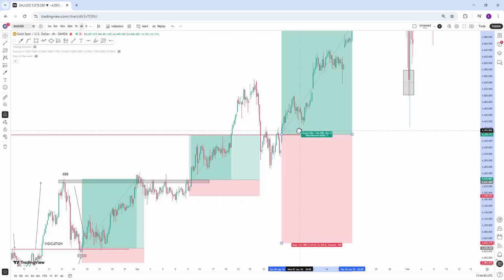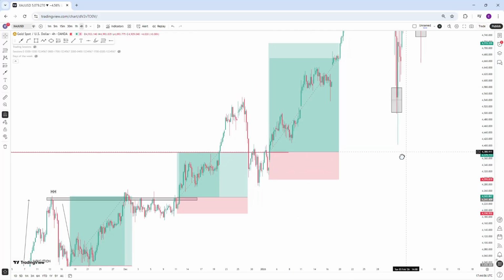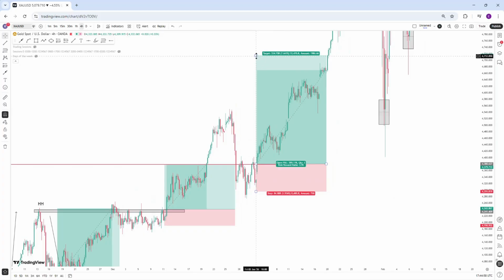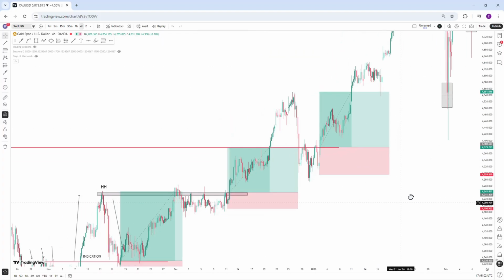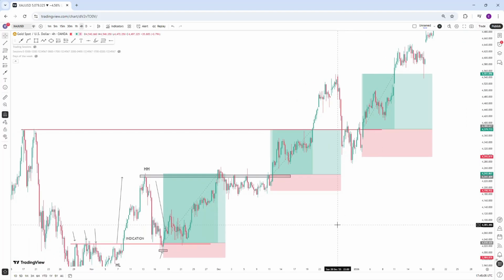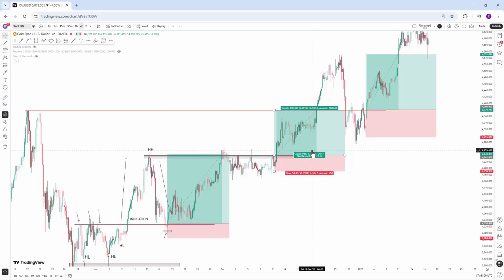You see how we got all of these trade opportunities? 1, 2, 3. So you can basically hold a trade from here. You can hold a trade from here up to here.